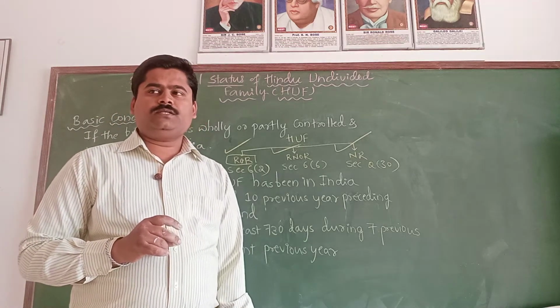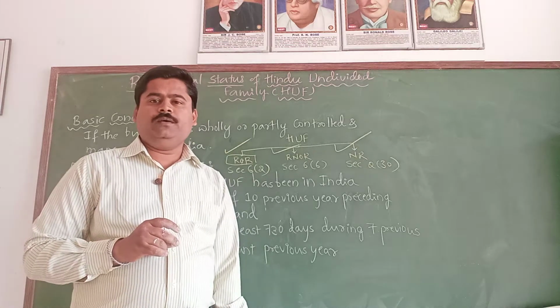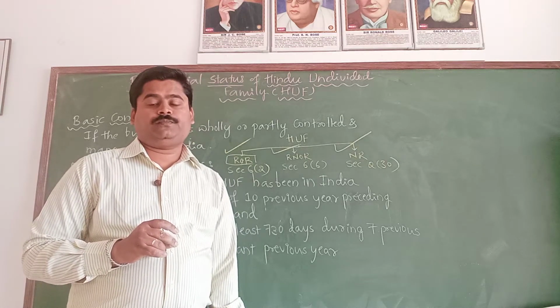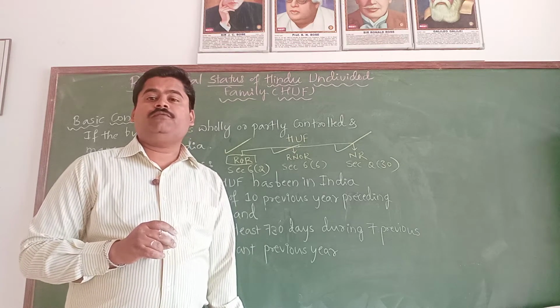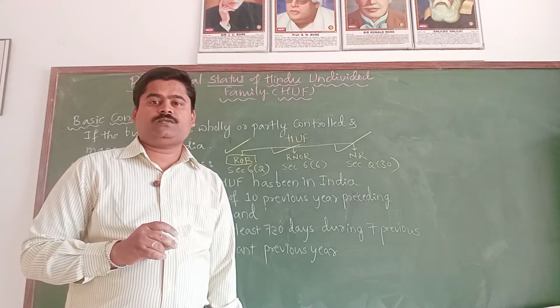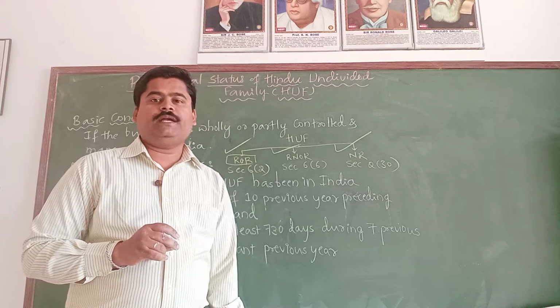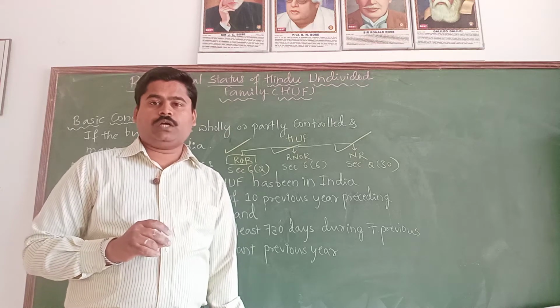As far as the residential status of the HUF is concerned, here also you will study three different types of residential status of the Hindu undivided family business. What are those?